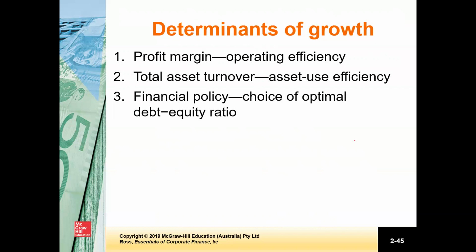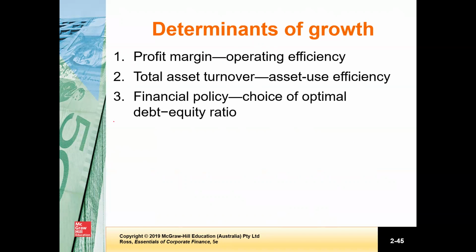Now, determinants of growth. In the previous slides, we saw that the return on equity could be decomposed into various components using the DuPont identity. Since ROE appears so prominently in the determination of the sustainable growth rate, the factors important in determining ROE are also important in determining growth.